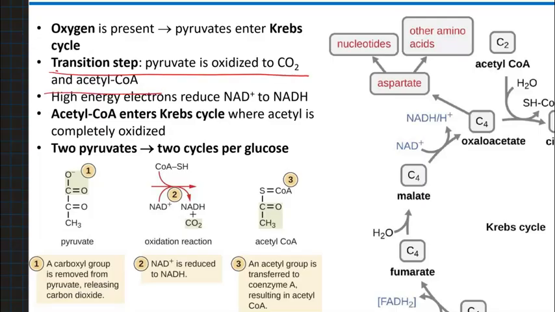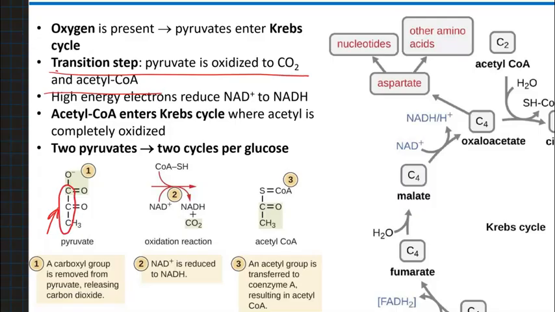So the transition step and the Krebs cycle occur in mitochondria in eukaryotes. In prokaryotic cells, such as bacteria and archaea, these processes still happen in the cytoplasm. So let's take a look at the fate of the pyruvate here.